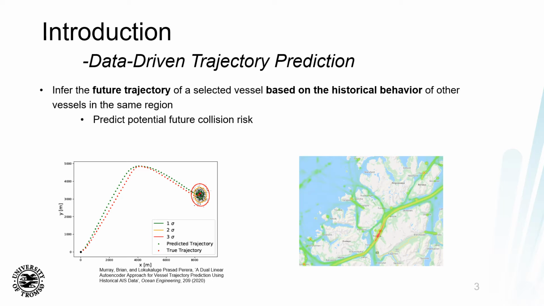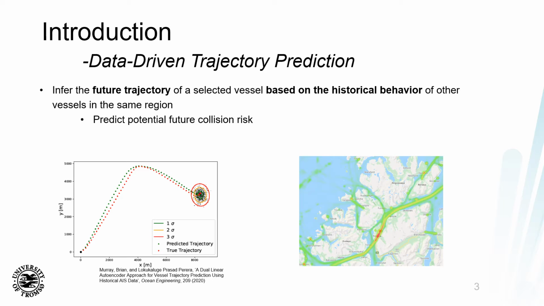It's published in Ocean Engineering, where you have a data-driven trajectory prediction using a dual linear autoencoder approach, where a 30-minute trajectory is predicted here and a distribution of where the vessel most likely will be after 30 minutes is illustrated here by these contours. So this has shown to have promising results, and this is all facilitated by data-driven approaches using historical AIS data.